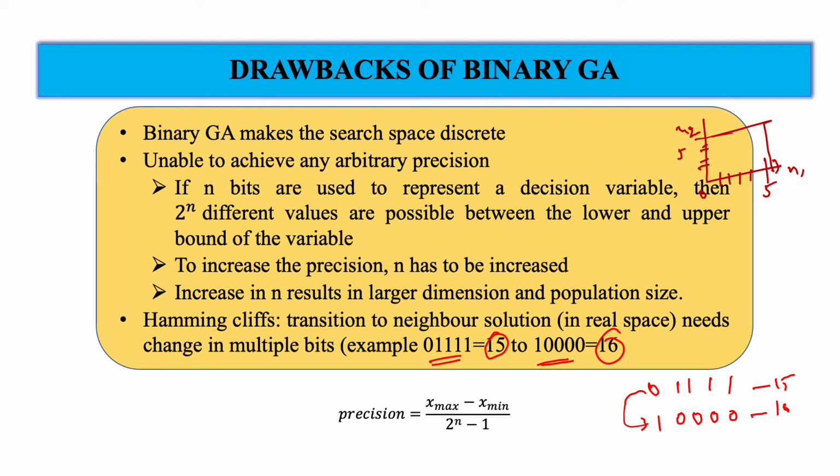For the solution to turn into that solution, a change has to happen in all 5 bits. Only then can the solution 15 come to the solution representing 16. This is very difficult to happen.